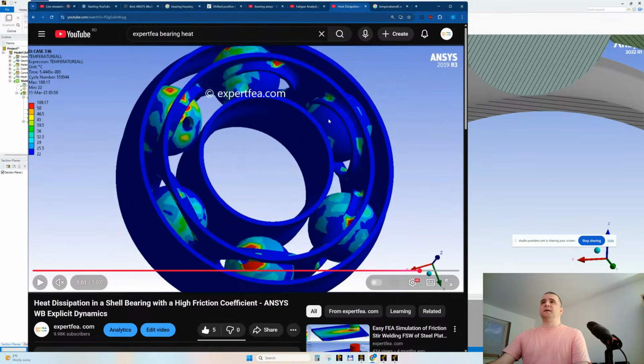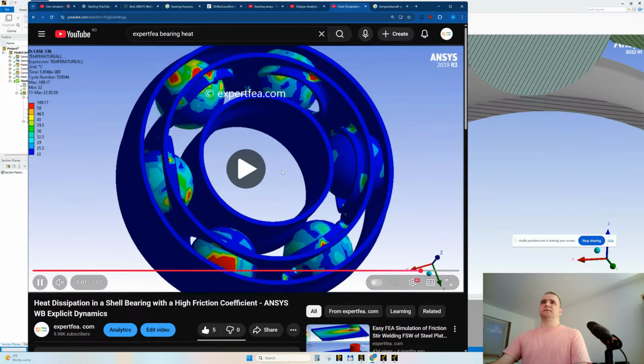Maybe you can ask here, hey Claudio, why isn't heat dissipated towards the races? Yeah, if you move the threshold to maybe 10 or 5 degrees above the room temperature, let's say 25, maybe you can also see the heat in the races, but it surely is heat dissipated in the races.